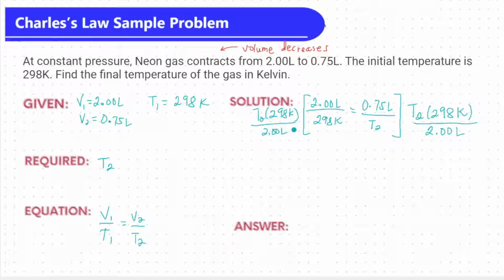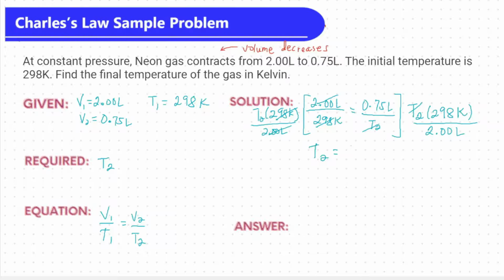Dapat mawala tong 2.00 liters at saka 298 Kelvin. So, para mawala yan, kailangan mag-multiply tayo ng values na magka-cancel sa kanila. Kung si 298 Kelvin ay nasa baba, dapat mag-multiply tayo ng 298 Kelvin sa numerator. Ganon din si 2.00 liters. Dahil nasa numerator siya, kailangan natin mag-multiply ng 2.00 liters sa denominator. So, yan, na-cancel na.